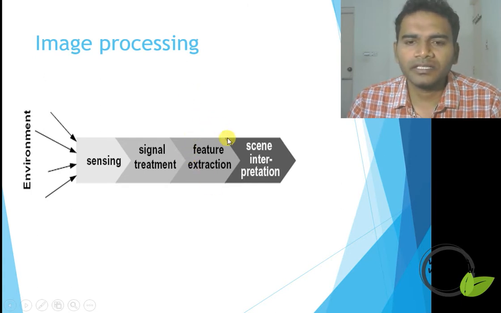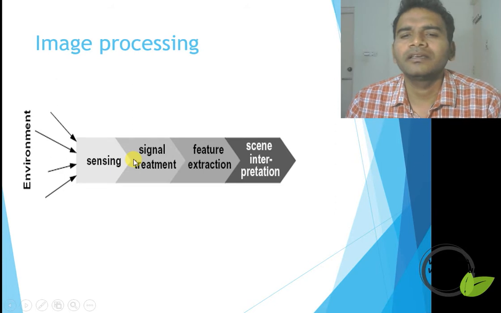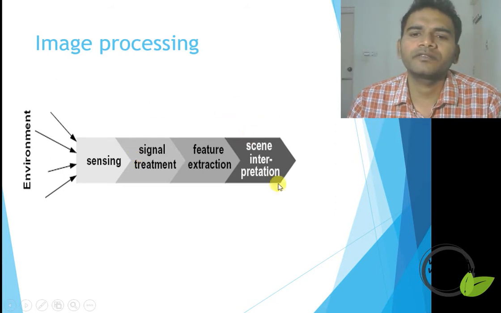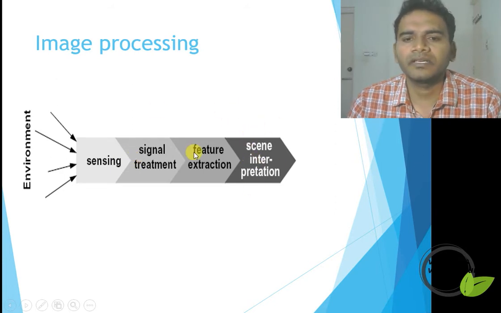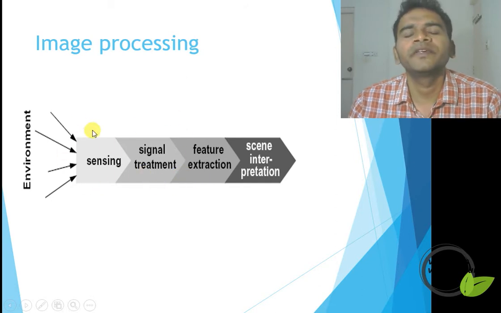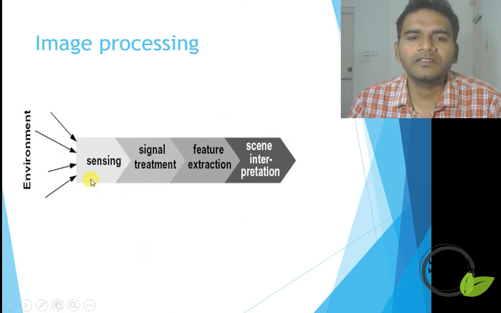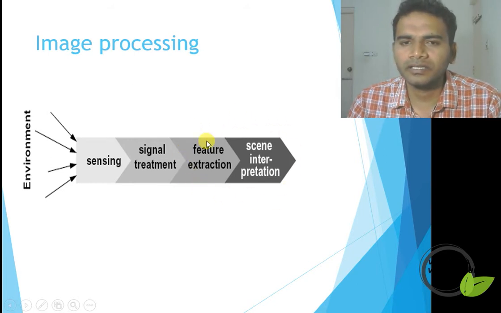In feature extraction, you can go with edge detection or a typical algorithm applied onto your treated signal, and we can get an interpretation of the complete scene. So this is the intelligent part of any image processing. If we divide this complete sequence, one is sensing, the other is treatment or processing, and the last is the intelligent part, which is your interpretation.